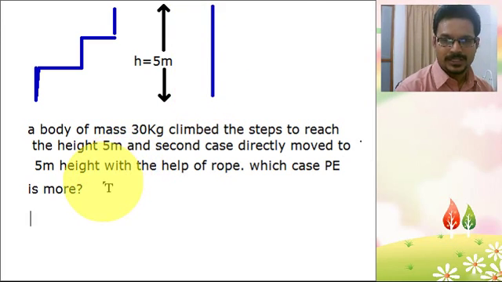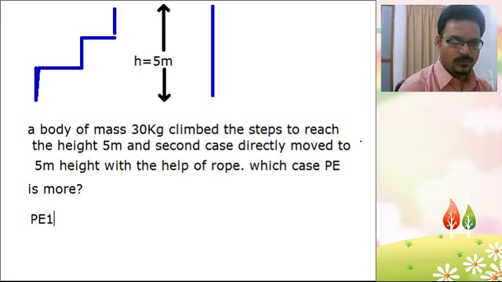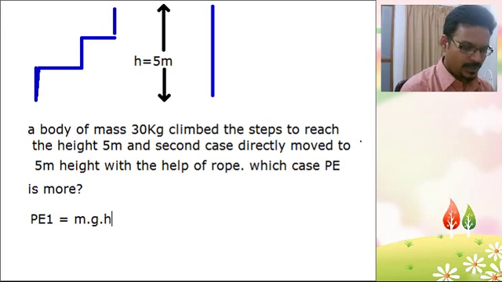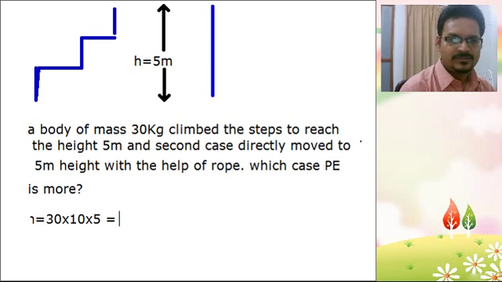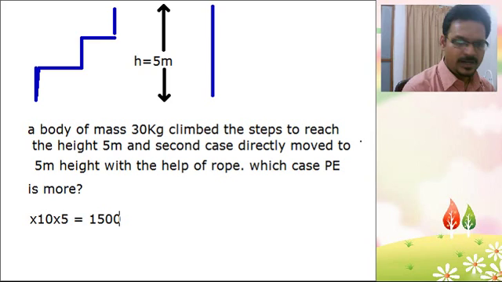Now the question is, in which case is the potential energy more? So let us find. In the first case, PE1 equals mgh. You know the formula, m into g into h, which is mass 30 kg into g, always 10, into height 5. So the answer is 5 threes are 1500 joules.